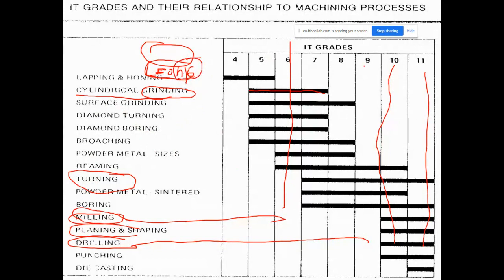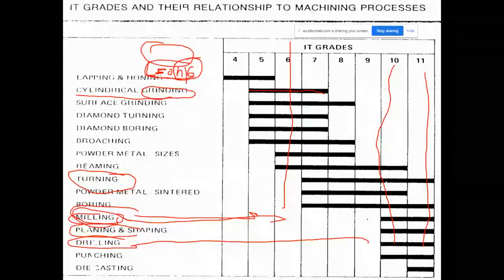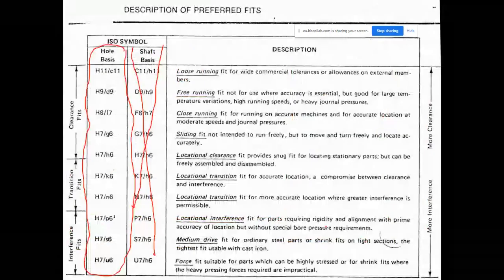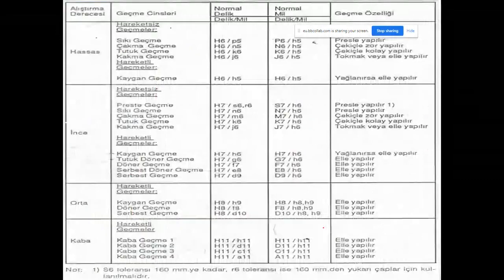If the tolerance grade is 5, although you selected, for instance, the milling process, then you made a mistake, because applying the milling process, IT grade cannot be 6, cannot be 5. The minimum can be, you see, 10. These are really important details in engineering.